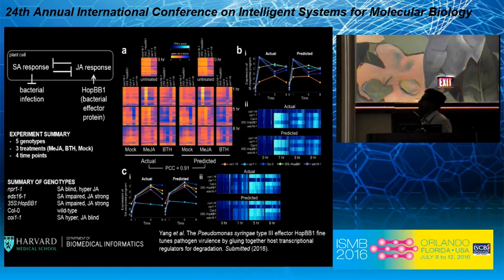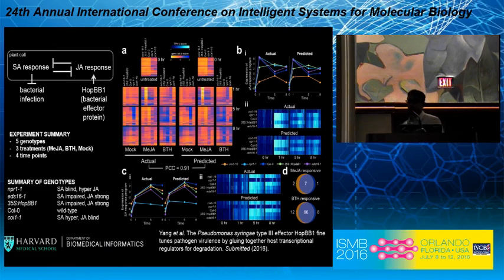We repeated this same analysis for salicylic acid response and response to BTH treatment. Again, you can see that the ordering between these very subtly different immune signaling mutants is preserved between actual and predicted, and that these expression trends in the transcriptional program space are well reflected by the gene expression signature.